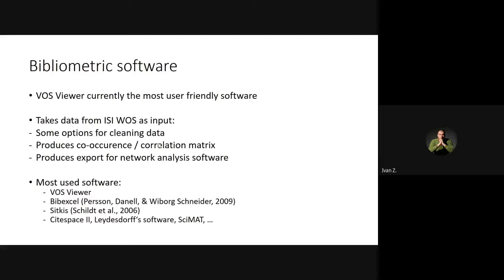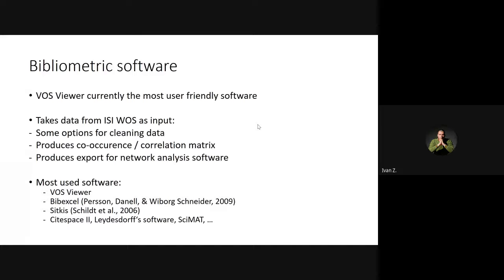Nowadays, VOS Viewer is, I'd say, the most used and the most simple to use, and I would highly recommend it. Before, people also used BibExcel. This is very simple to use, but the user interface is quite cumbersome. And I think a package recently emerged in R called bibliometrix with the visualization interface Biblioshiny.